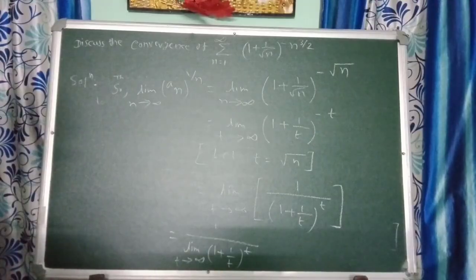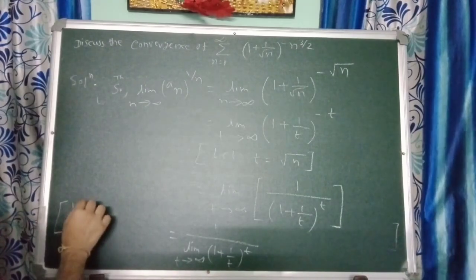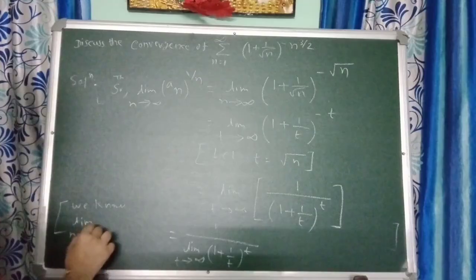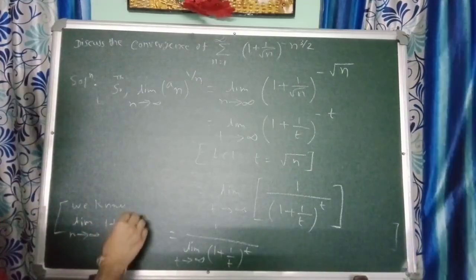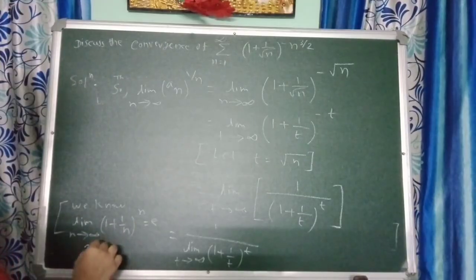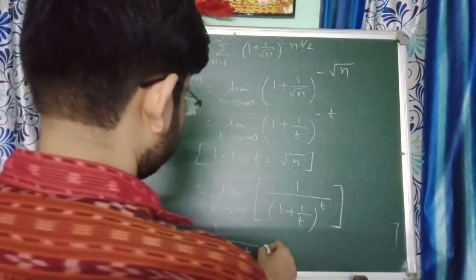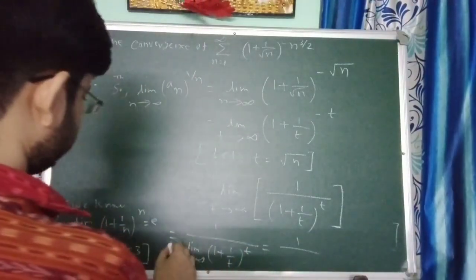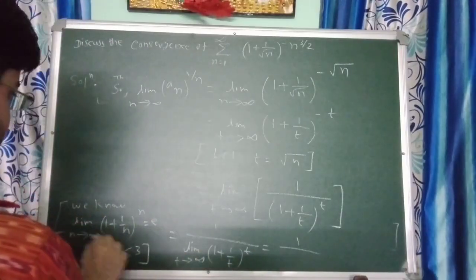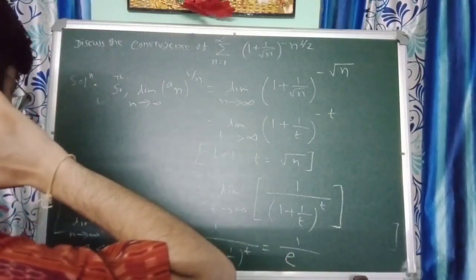This is the final expression, and we know that limit n tending to infinity (1 plus 1 by n) to the power n is e, and e lies between 2 and 3. This we already know. So if we replace t by n, then we get e. So this becomes 1 by e.